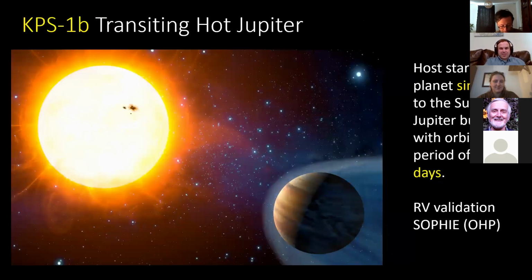And so after the validation, Sophie from OHP did the radial velocity measurements, and based on that, this transit candidate was a hot Jupiter. And so we were kind of surprised. It's like, wow, that was fast. We actually found something.